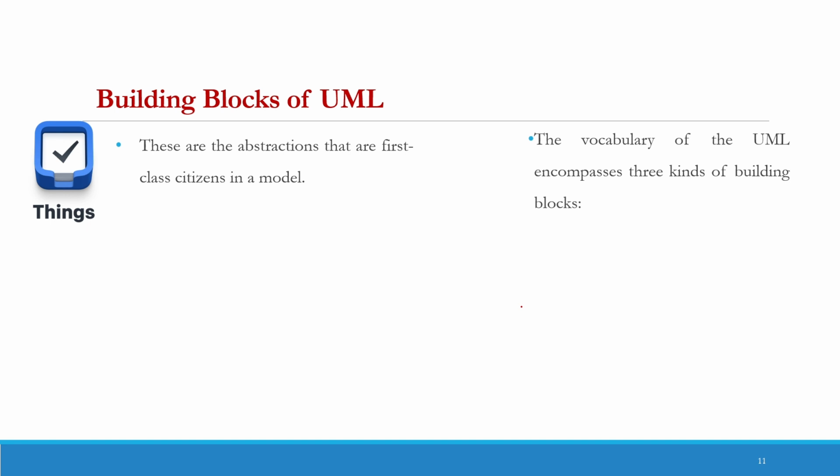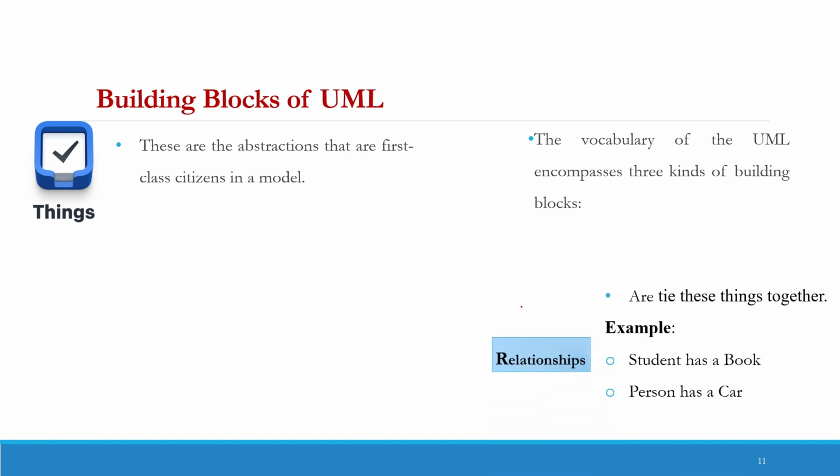These are the abstractions that are the first citizens of your model. Things represent real world entities such as objects, classes, associations, and so on. So things are abstractly represented in a model. Things are the first citizens of UML.